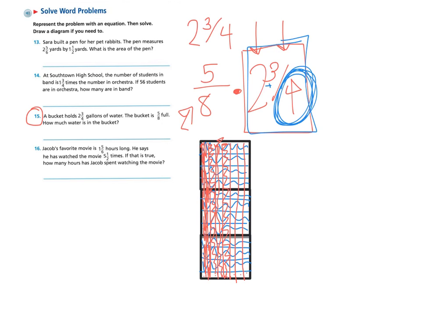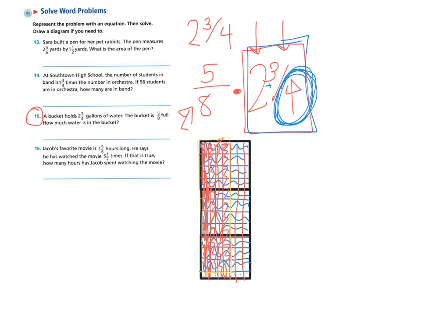Okay, so the magic here is in the overlap, remember? So my overlap, and it's kind of hard to see because my drawing's not all that awesome. It's going to be right like this.